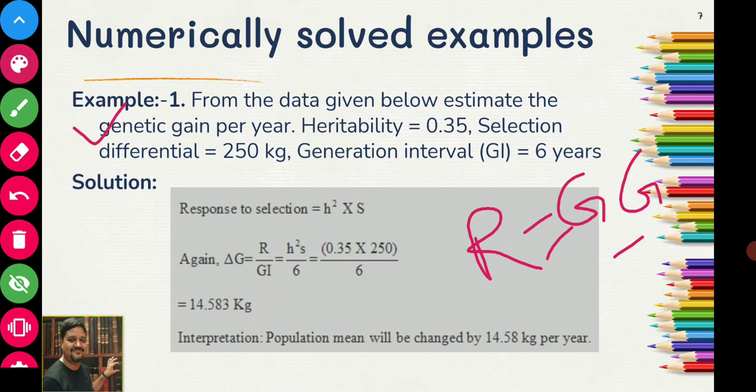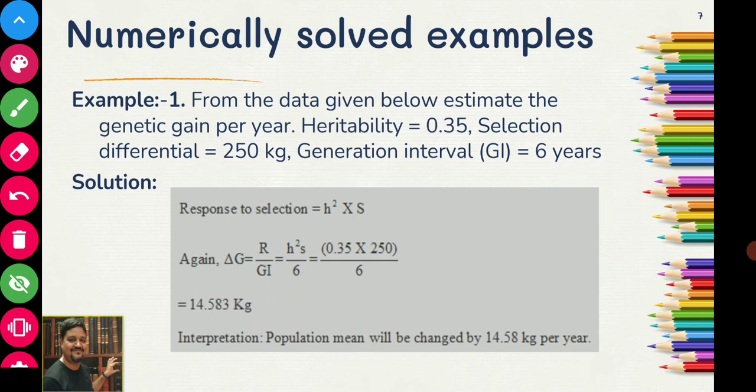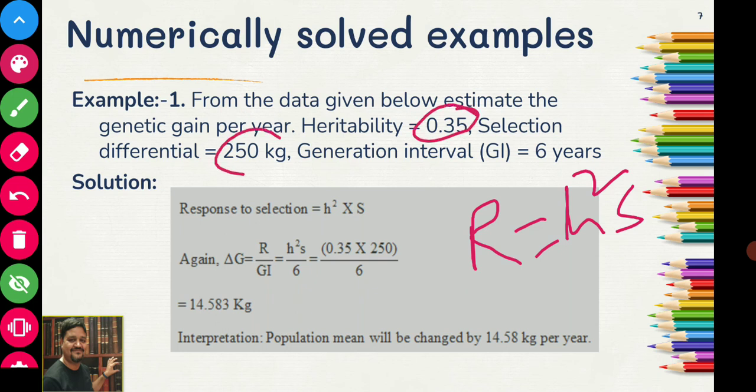Now heritability of the trait is given as 0.35. Selection differential is 250 kg and generation interval is 6 years. Generation interval is also very important. Now you know the formula for response to selection: R is equal to H square S. H square is given as 0.35 and S, the selection differential, is 250.